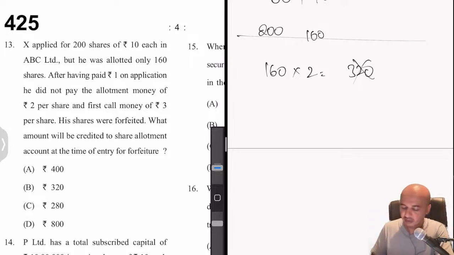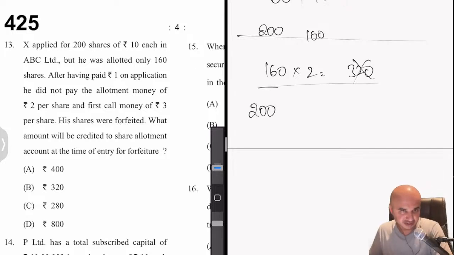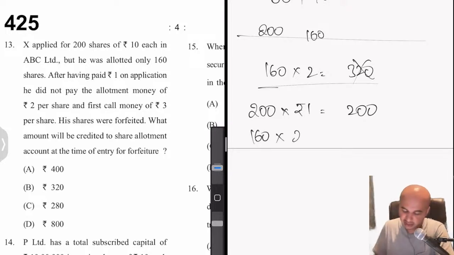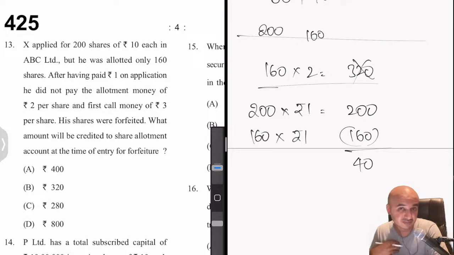We'll see how. See, what you have to remember here is he applied for 200 shares. When he applied for 200 shares and paid rupee 1 as the application money, the amount which is with us on account of X's shares is 200. But what we allotted to X is only 160 shares, into rupee 1, 160. So therefore, 200 minus 160, 40 rupees is still with us.